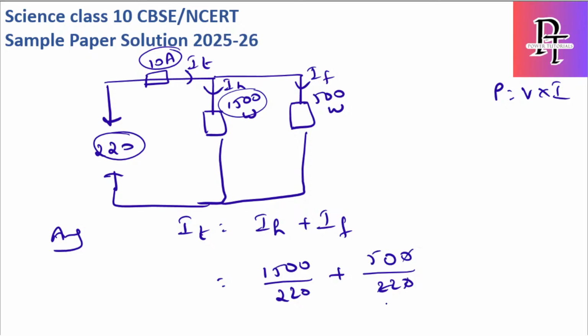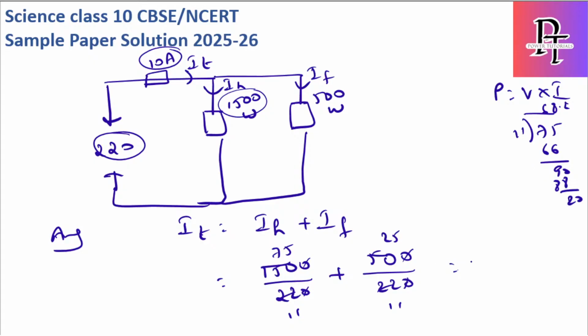Zeros cancel, 2 elevens are 22, 2 fives are 10... 0 0 cancel, so we get 75 by 11 and 25 by 11. 11 into 6 is 66, remainder 9, 90, 11 into 8 is 88, remainder 2, 20. It is somewhere closer to 6.82.